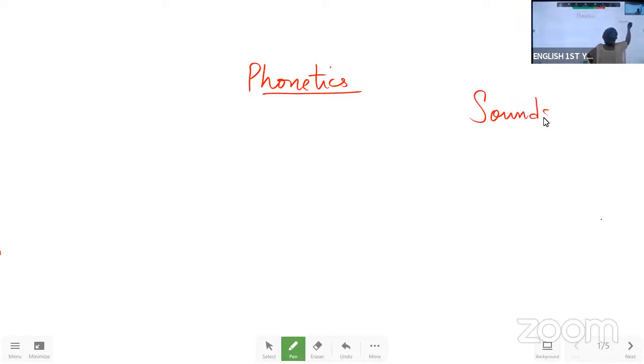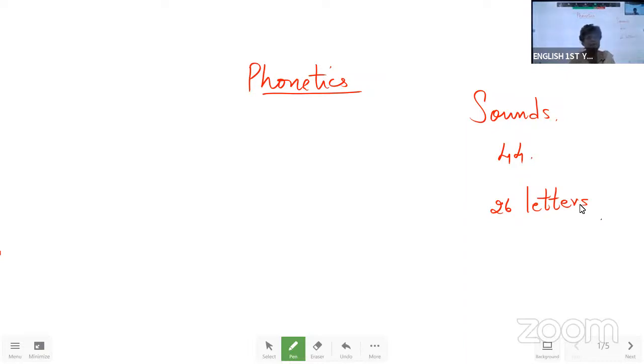There are a total of 44 sounds, but we have only 26 letters. That's why we need to depend on the silent letters. Sometimes the way we write and the way we pronounce are very different, unlike the Americans.